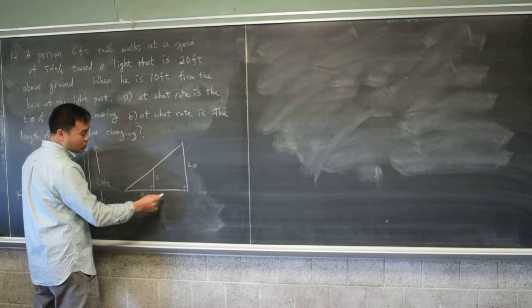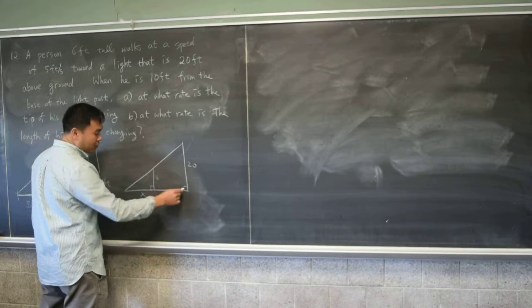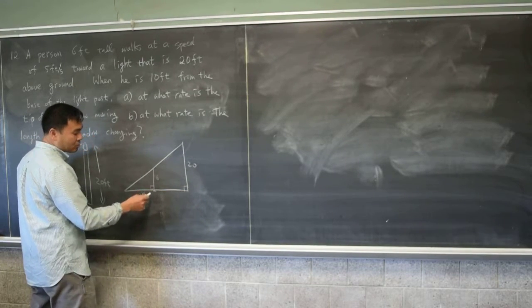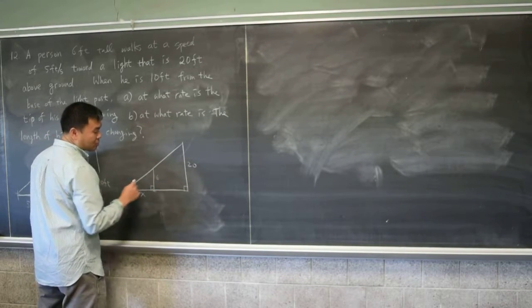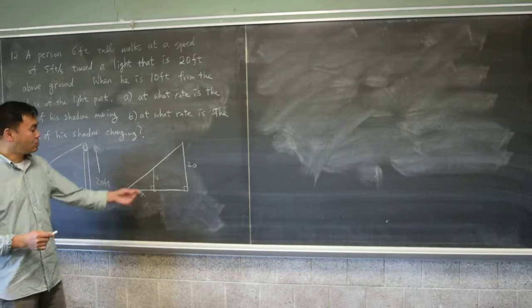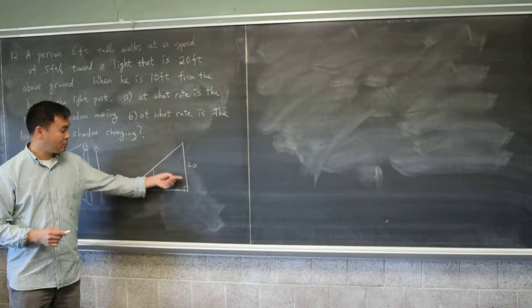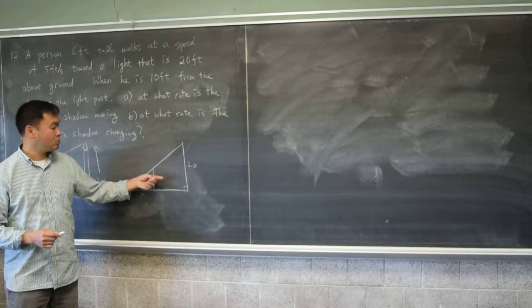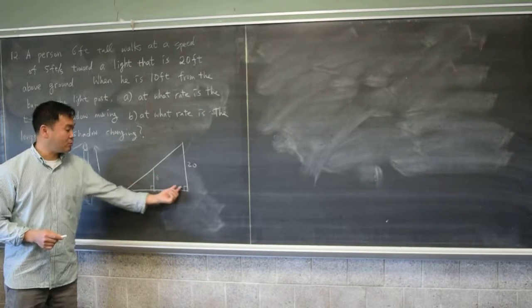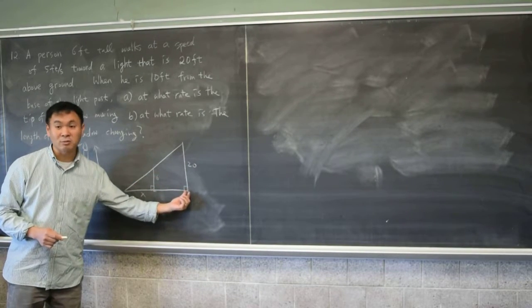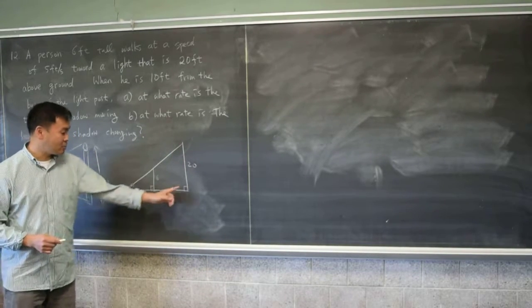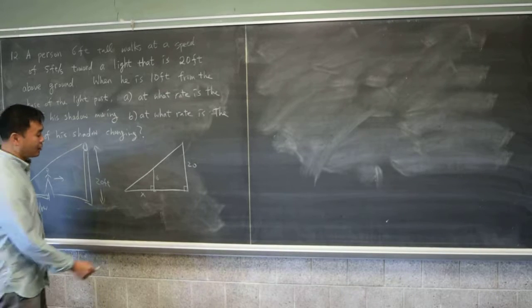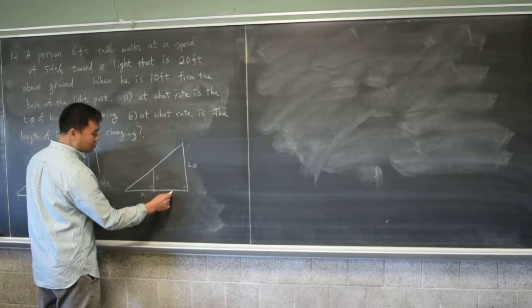So you can choose. There are two options. You can choose y to be just this other length, because you have to somehow talk about the person moving towards the lamppost, and how do you talk about the speed of a person? You have to think about the change in distance with respect to some fixed item, which is the lamppost here. So having y here is a good choice.